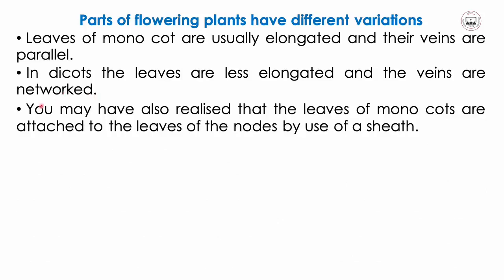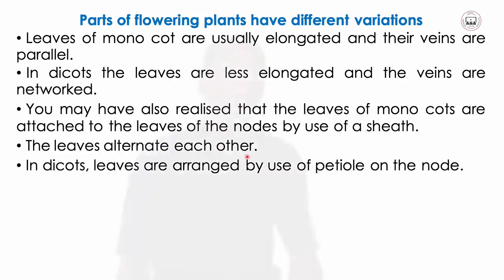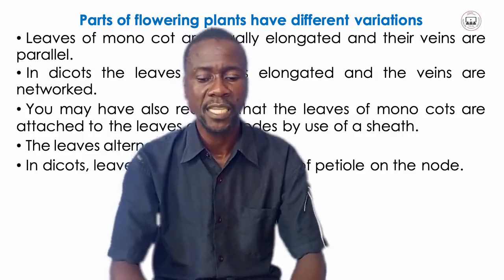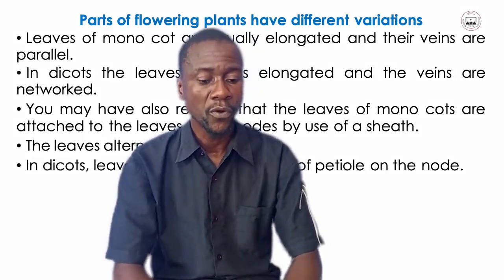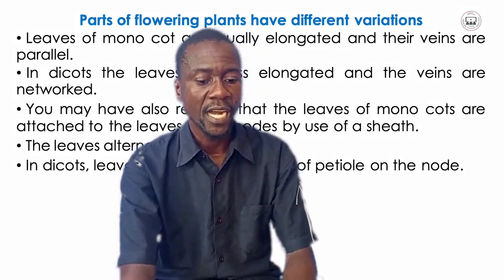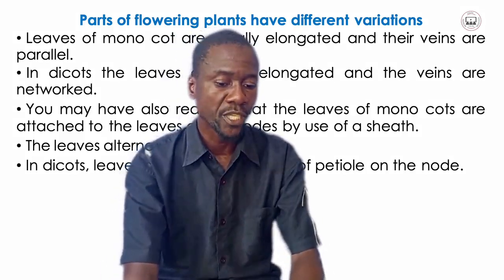Furthermore, you may also have realized that the leaves of monocots are attached to the nodes by use of a sheath. The leaves alternate each other. If you go back to our diagram of monocots, you could also notice that the leaves are alternate to each other.